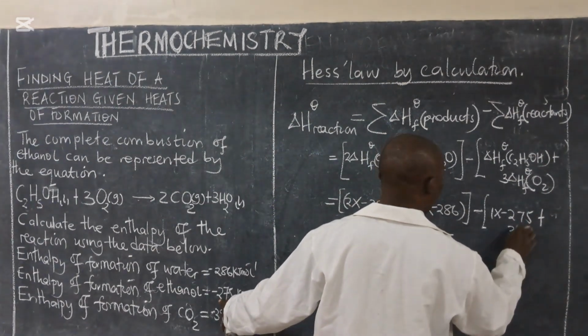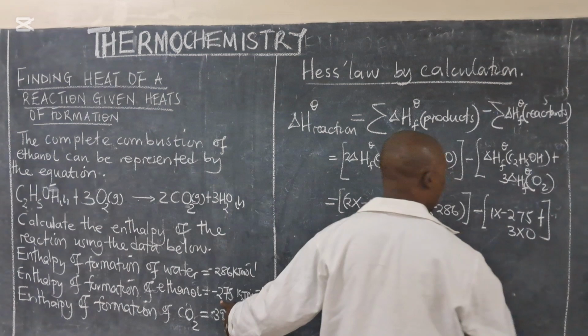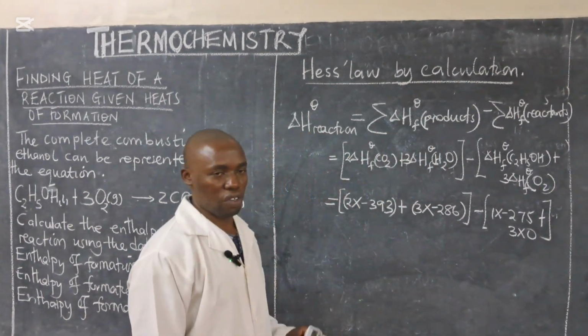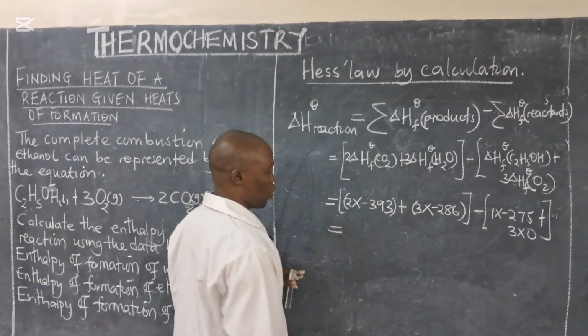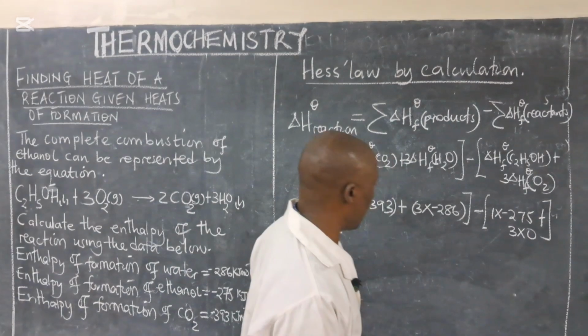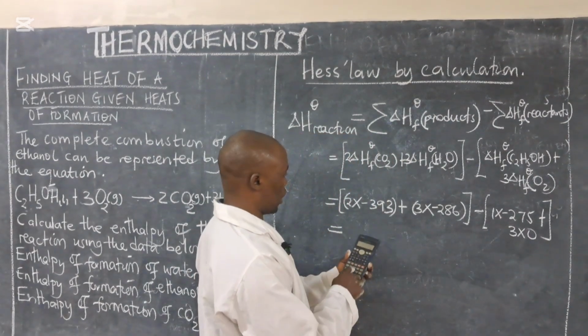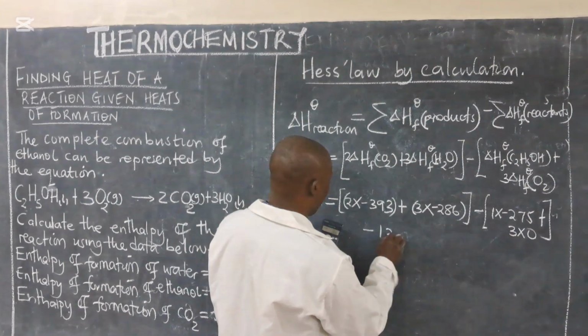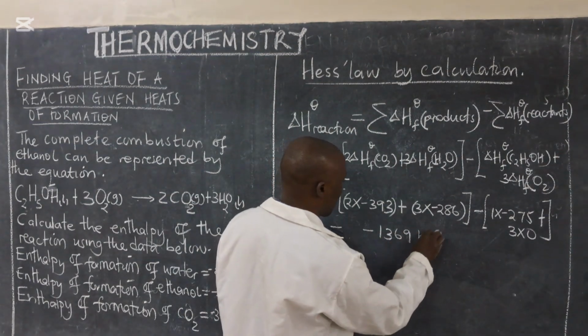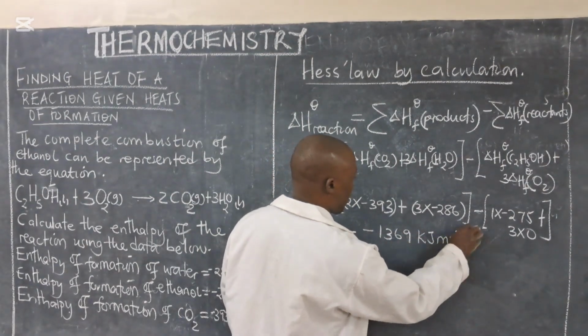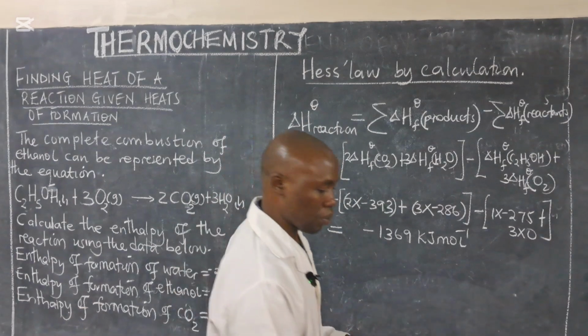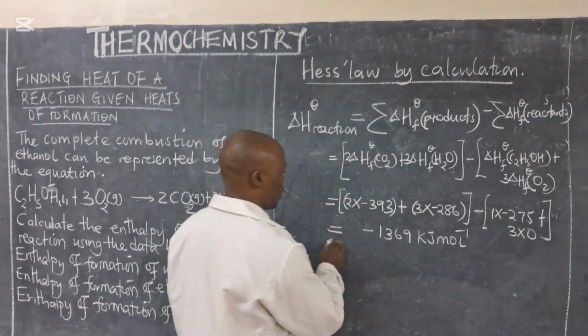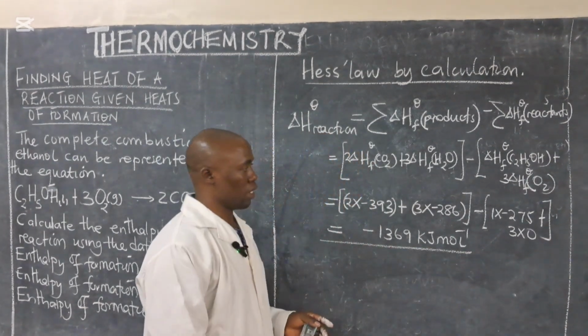Plus for oxygen, we said it is 0 for all elements in their normal physical states. So we are going to use our calculator here, and that will give us negative 1369 kilojoules per mole. So that is basically the answer.